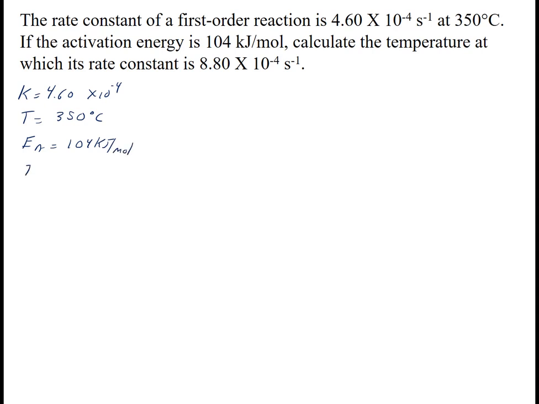It wants to know what is the temperature, so that's my question mark, with a rate constant that is 8.80 times 10 to the minus fourth. Again, the equation for this is going to be the natural log of K2 over K1 is equal to E sub A over R times the quantity of 1 over T1 minus 1 over T2.